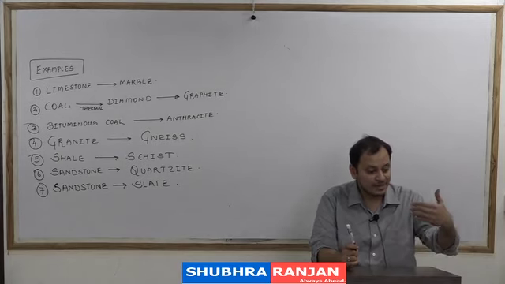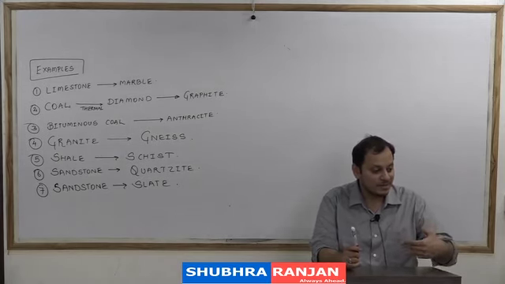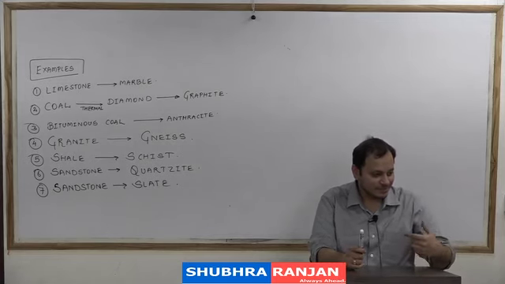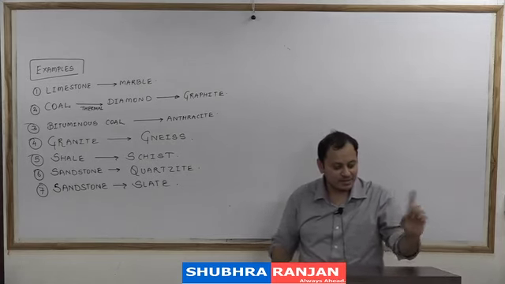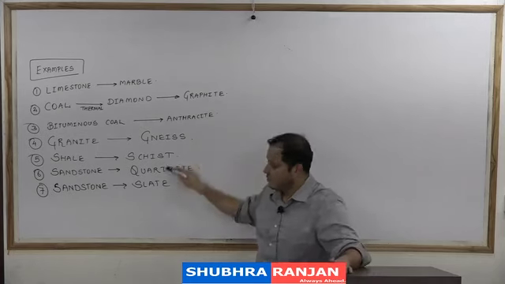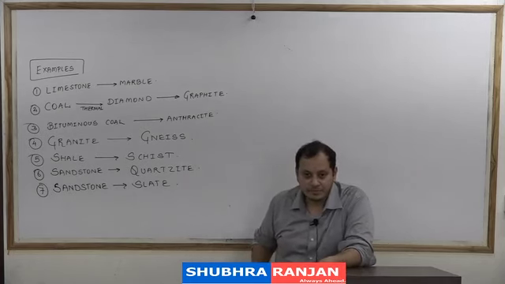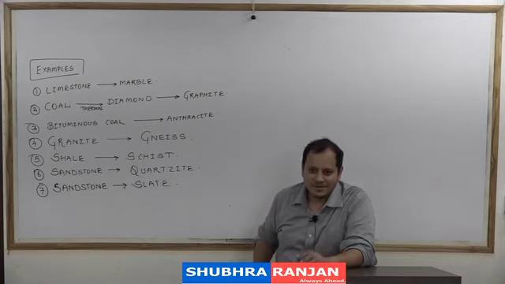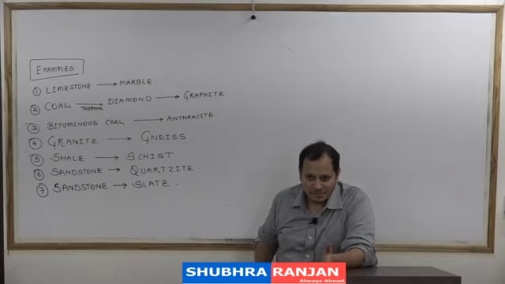If it goes in the rock cycle, it is not reversible. Reversible is you go to that condition and again come back to the original condition. So that is why we are saying it is not reversible. Metamorphic. It is not generalized like that. Granite is also tough. So marble is also tough, but marble is tougher than granite.